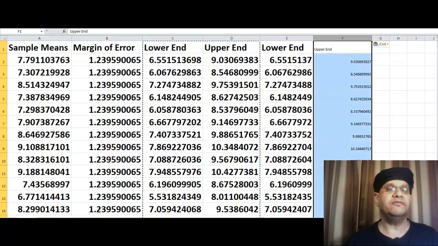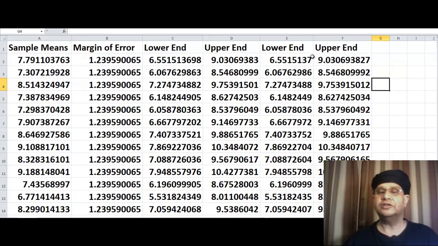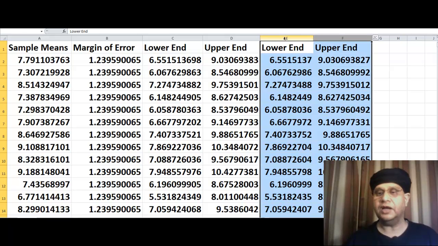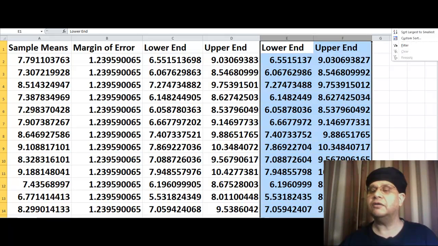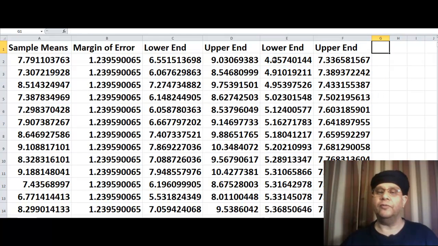Let me increase the font size here also, and embolden it. All right, so now I'm going to put them in order, sort them by the lower end point, from smallest to largest. And there you go.